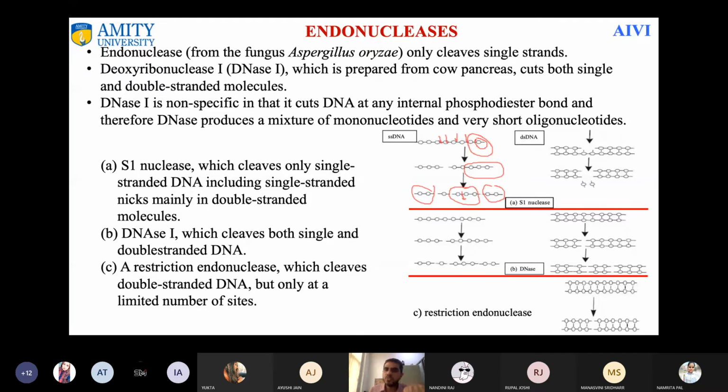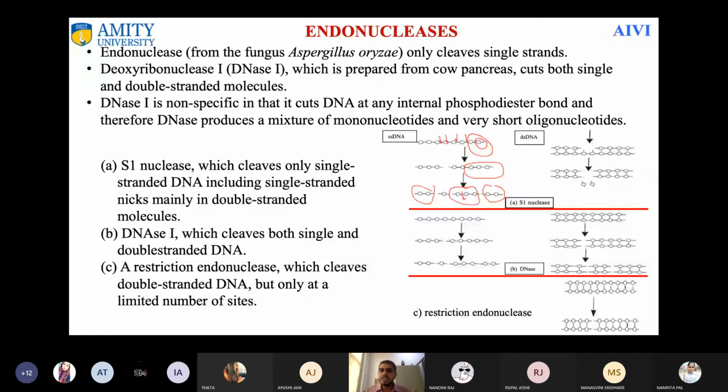So your endonuclease won't produce a cut at this point. So either you have three or two, and the fragments generated after the activity of your endonuclease are going to be either a two-nucleotide fragment or a three-nucleotide fragment.